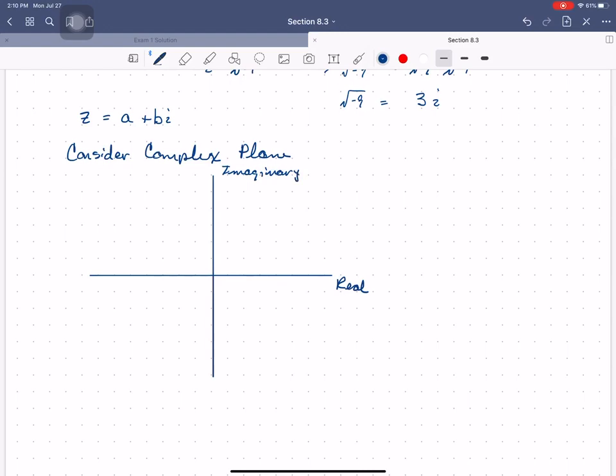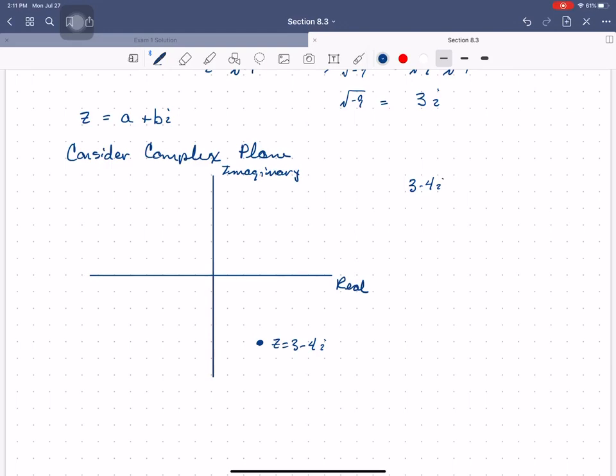on the vertical axis. So suppose I wanted to plot the complex number 3 minus 4i. Well, I would go out 3 and down 1, 2, 3, 4. So I have now plotted the number 3 minus 4i on the complex plane.